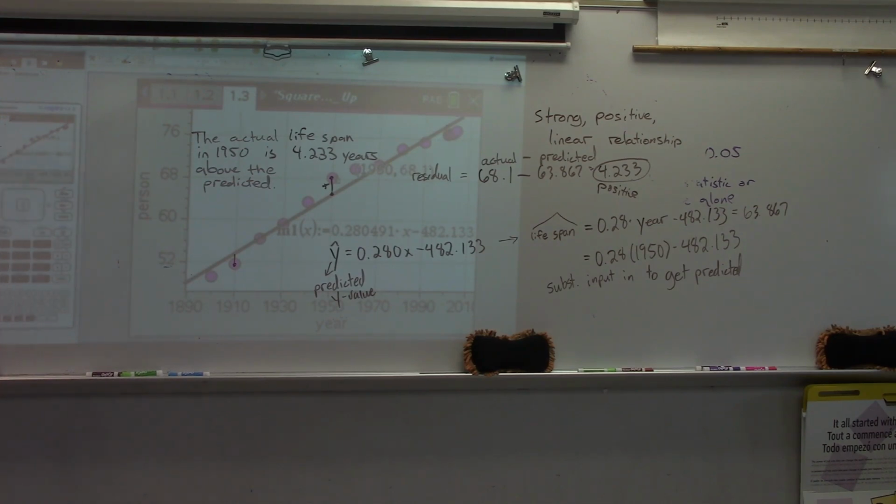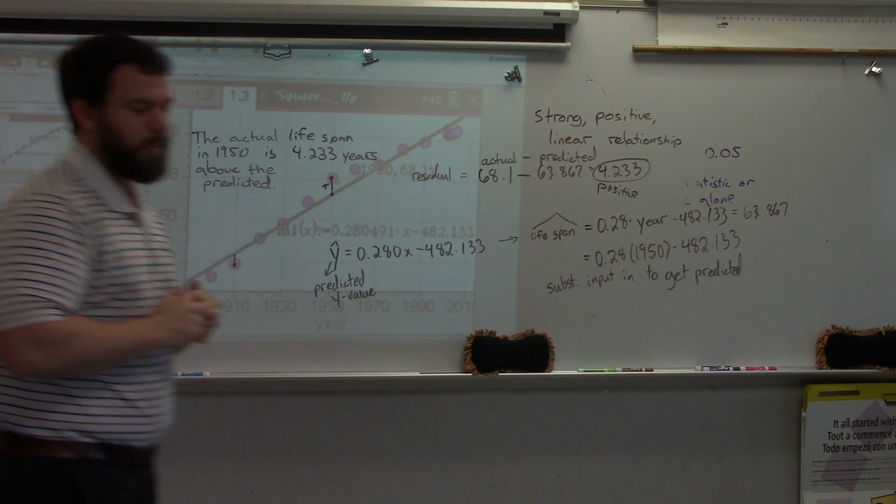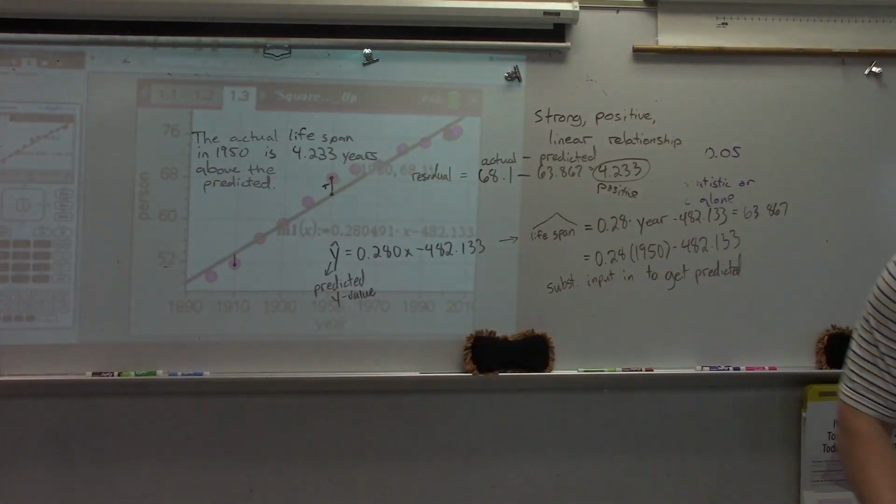You need to know how to interpret a residual. This is confusing me because mine's spitting out a negative. But is your predicted above? Why is it years and not percent? Where did you do your calculations?